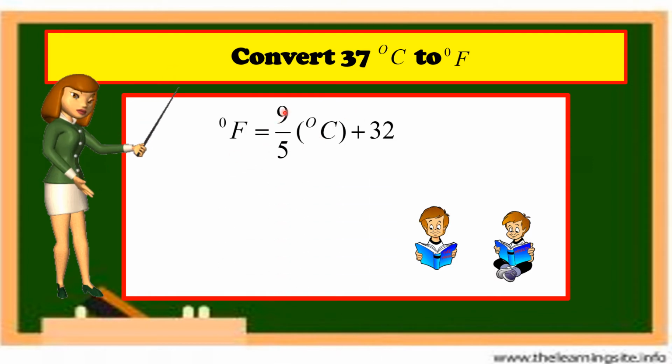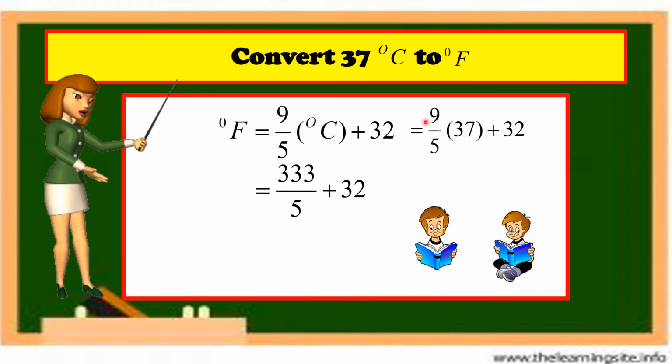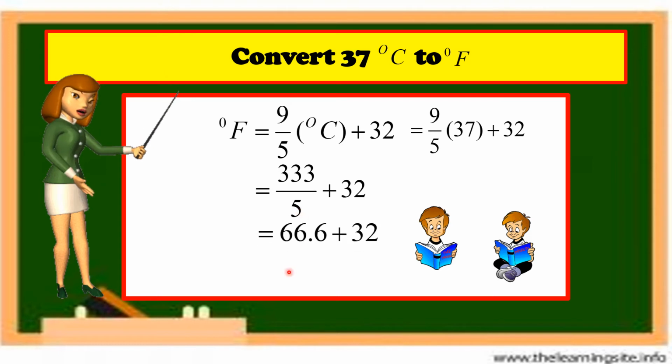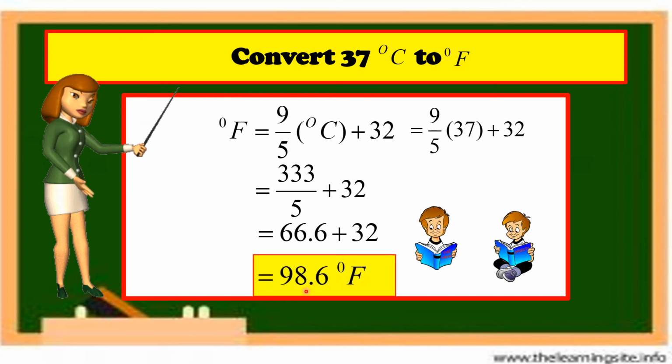Degrees Fahrenheit equals 9/5 times degrees Celsius plus 32. So 9/5 times 37 plus 32. First, we multiply 37 times 9, and 37 times 9 is 333. Then we divide it by 5. 333 divided by 5 is 66 and 6/10, plus 32 equals 98.6 degrees Fahrenheit.